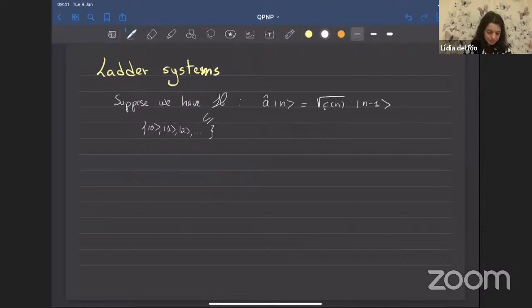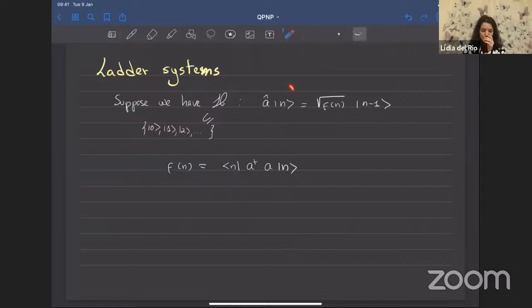So if we had this, first of all, what is this function given? Well, f of n. You know, this state is normalized. This is not. So this is just going to be n a dagger n.